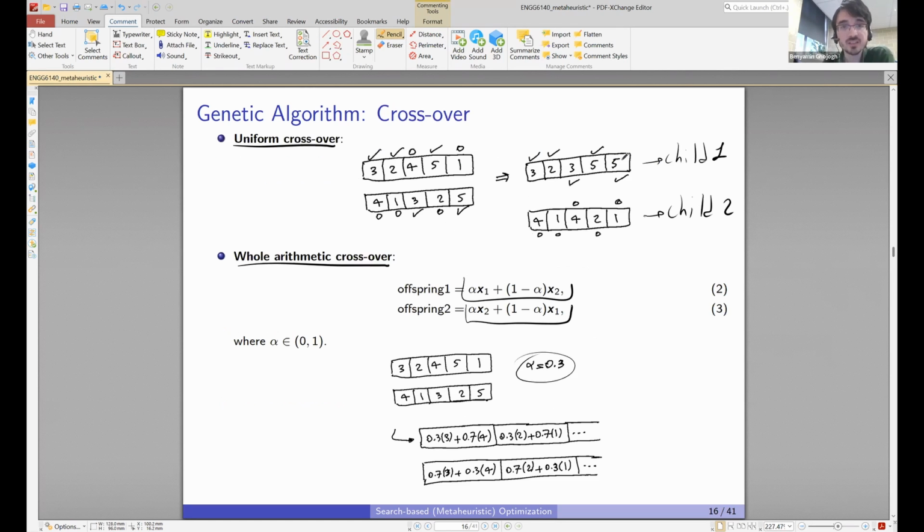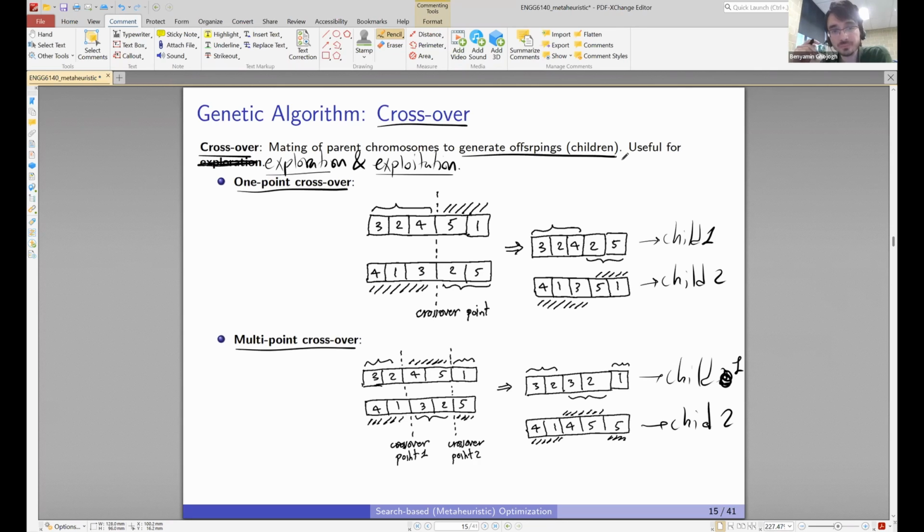By the way, I said crossover is good for exploration and exploitation both. Why? Because when you have two parents mating with each other, depending on the crossover point, if the crossover point, for example, is here, one of the children will be very similar to one of the parents.